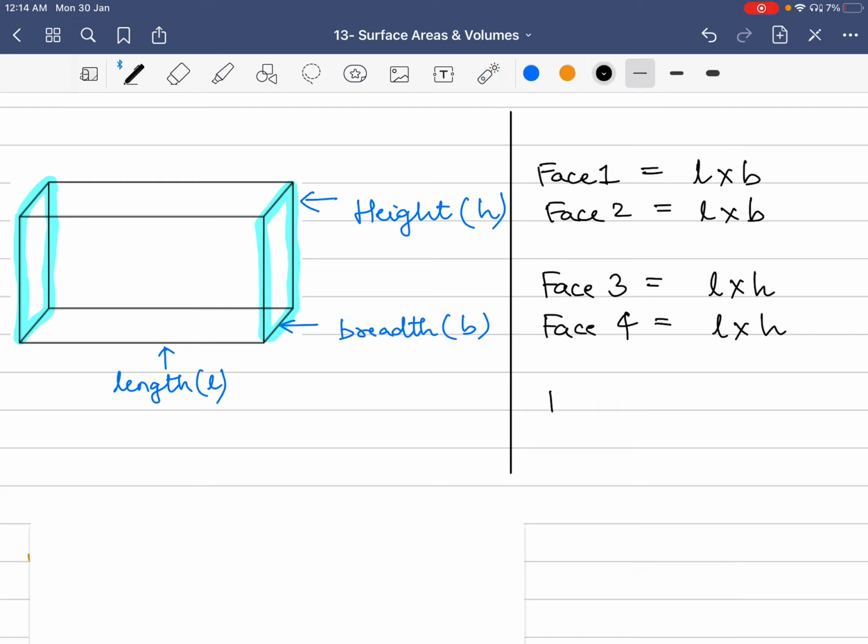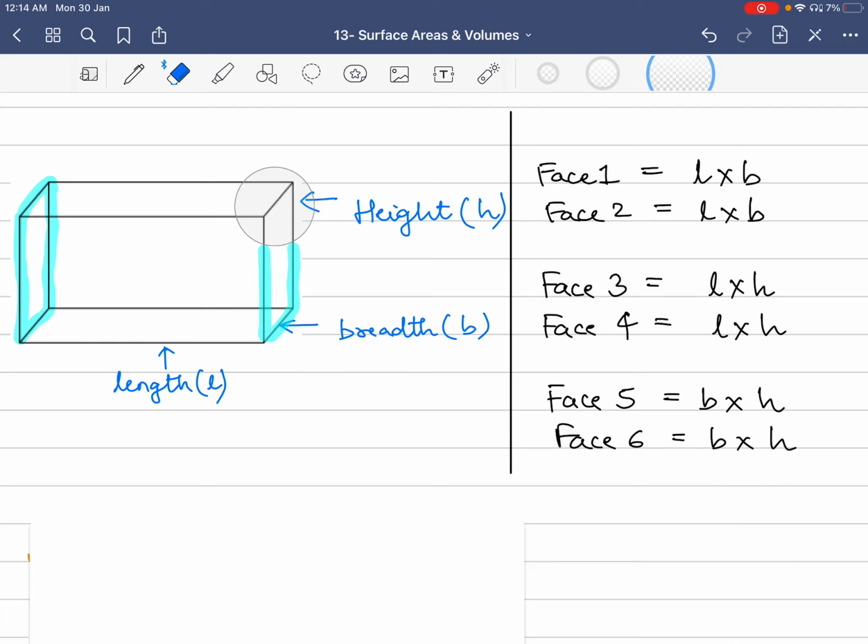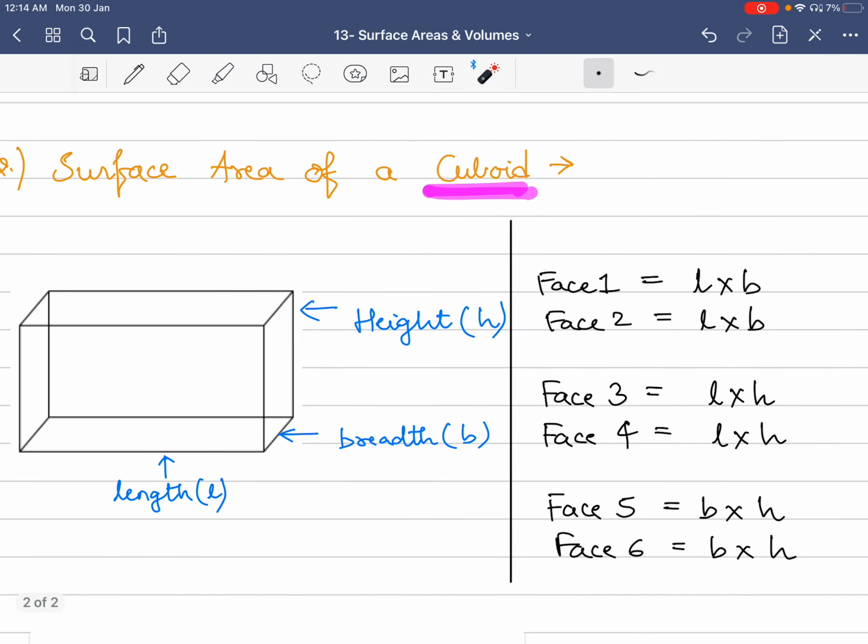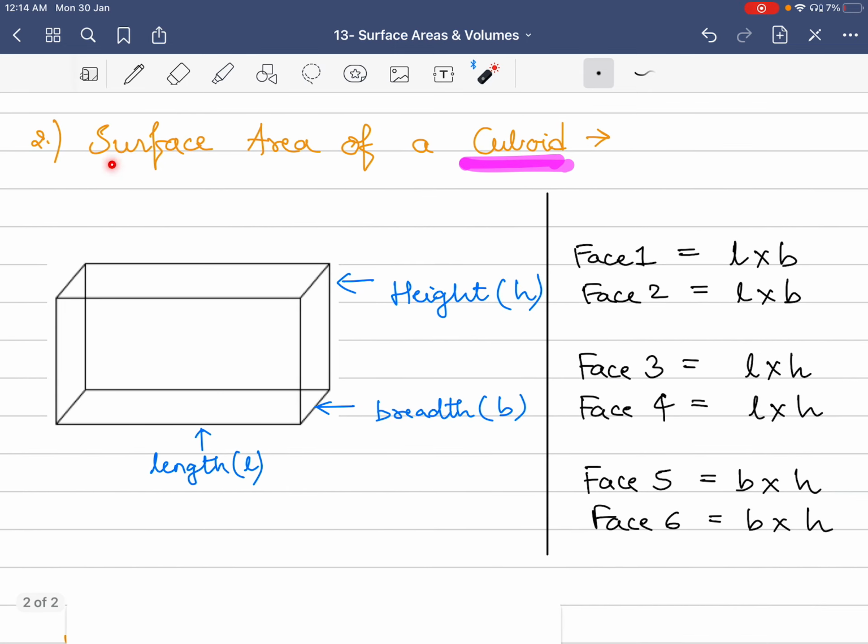So face 5 is breadth into height, and face 6 is also equal to breadth into height. Thus, if you want to know the surface area of a cuboid, we have to do the summation of all the areas of these rectangles.